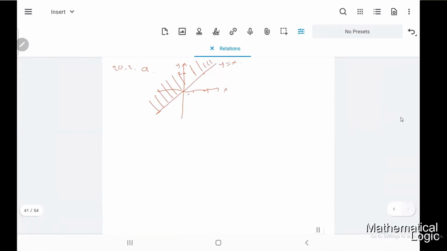So that's all the (X, Y) where X is less than or equal to Y. Okay, any question? Oh, no. So, okay, we go to the next one.